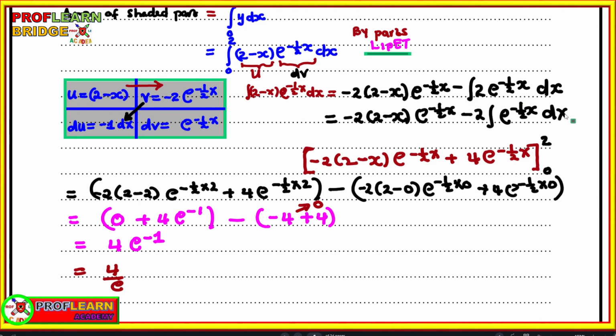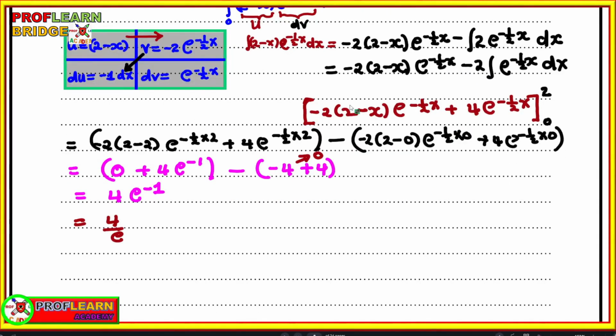And now we are going to have negative 2 into 2 minus x e to negative 1 over 2x, minus 2. I've taken these 2 out of the integral sign, and I'm remaining with e to negative 1 over 2x dx. So you can see the bit that we have here is actually simplified. So we can again integrate that so that we can have the final integration shown there.